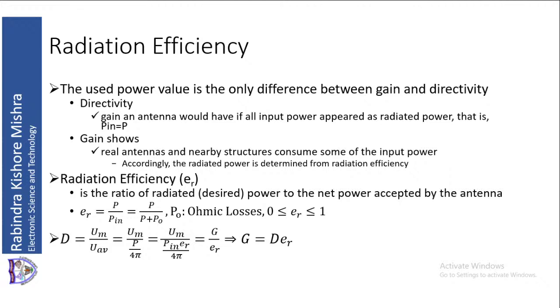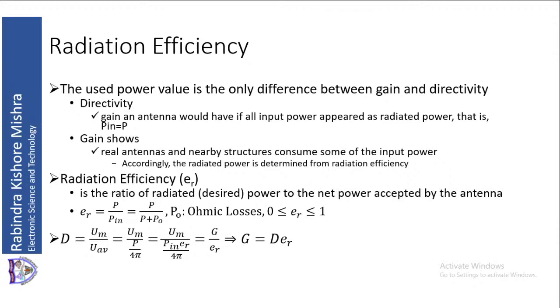The gain G is equal to UM by P in by 4 pi.